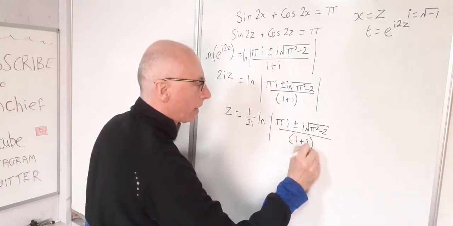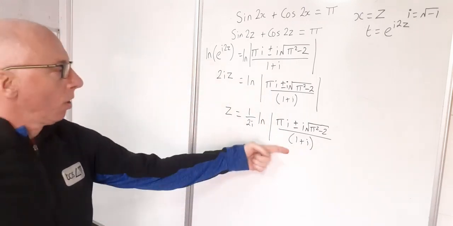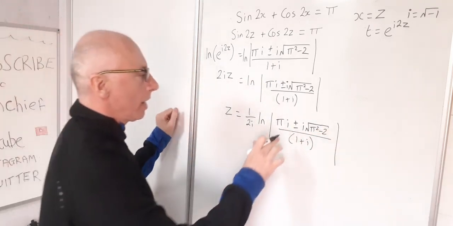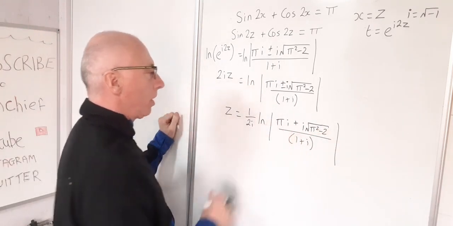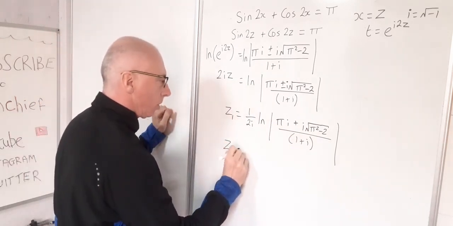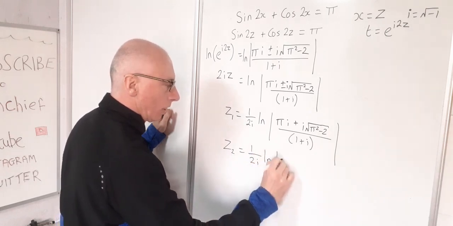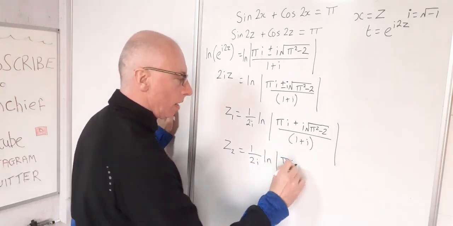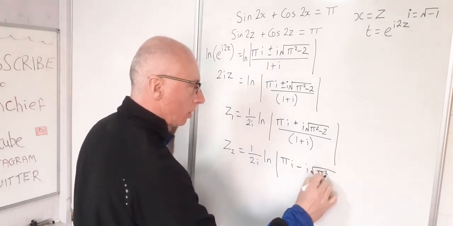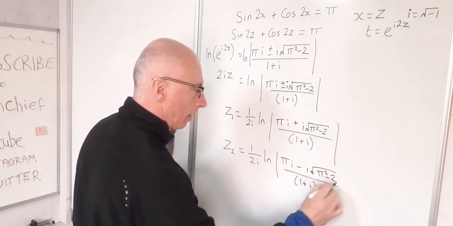and that's all over 1 plus i. Okay, so I can rewrite my two solutions, one underneath with a minus sign. I'll leave this one with a positive sign here. So that's one solution. So z1 equals that, and z2 equals 1 over 2i natural log pi i minus i square root pi squared minus 2 over 1 plus i.